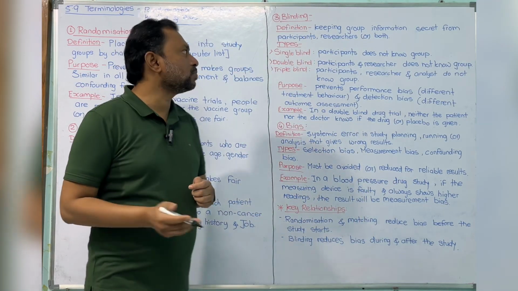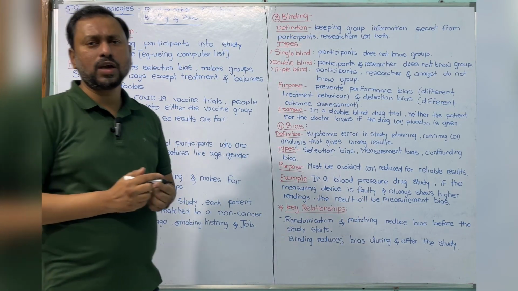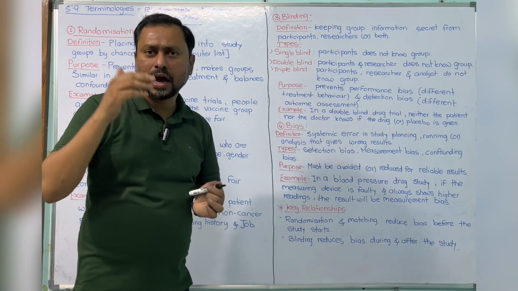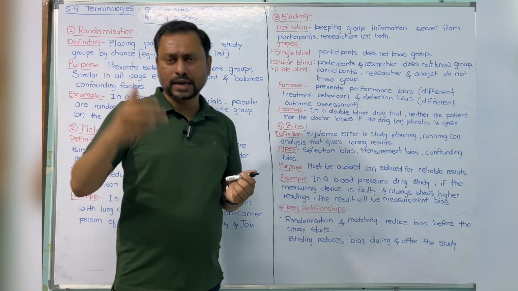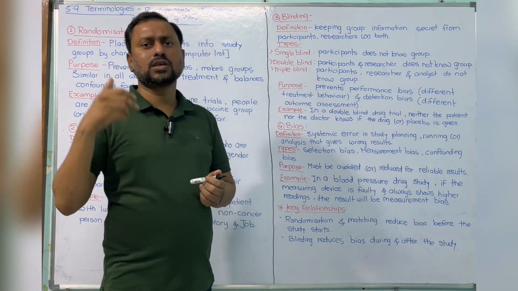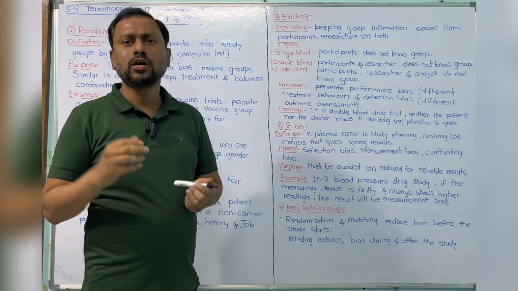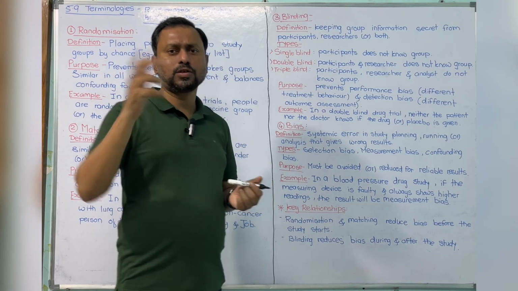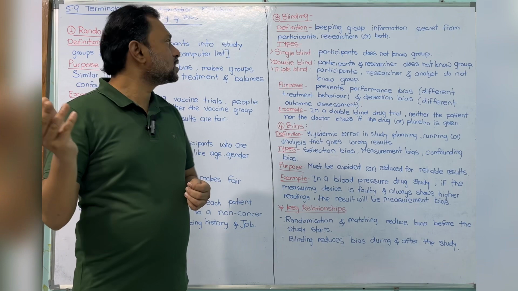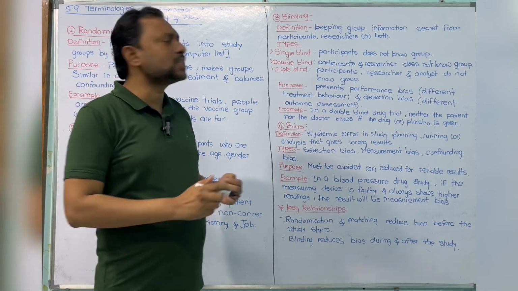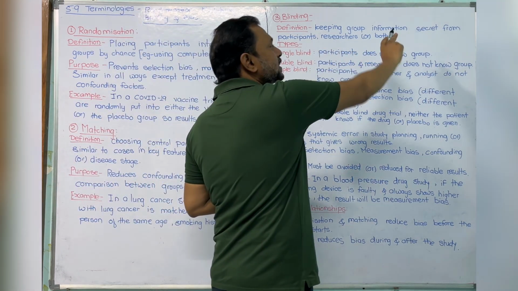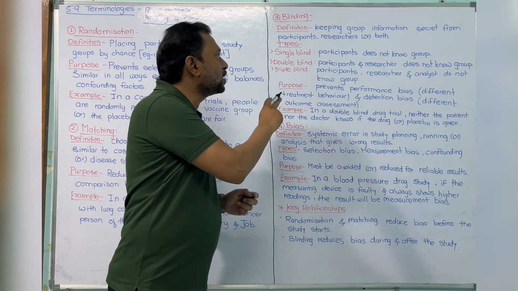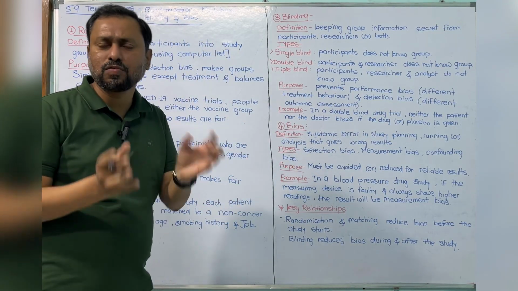The next, third term is blinding. Blinding is nothing but hiding something. It may be hiding your trial drug from patients, participants, doctors, or those doing the data analysis. The definition is keeping group information secret from the participant, researcher, or both.